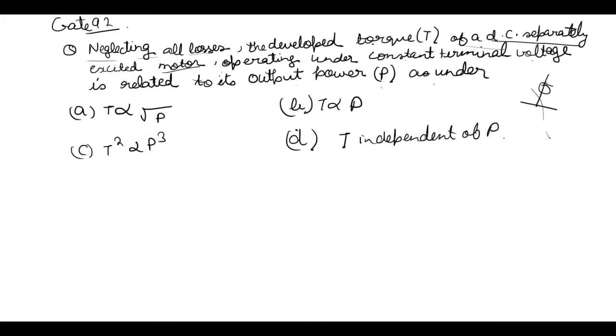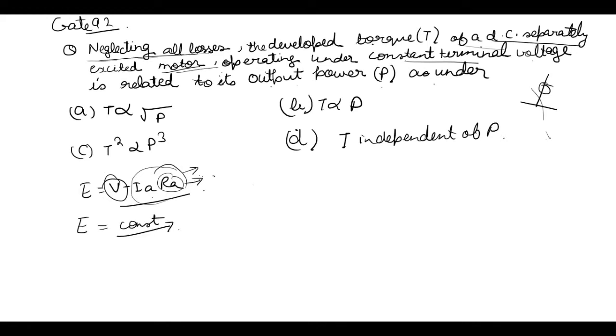And since it is a motor, E is equal to V minus IaRa. Constant terminal voltage means V is constant and all the losses are neglected, so IaRa will be neglected because Ra contributes to the loss. So clearly you can see that E is constant.